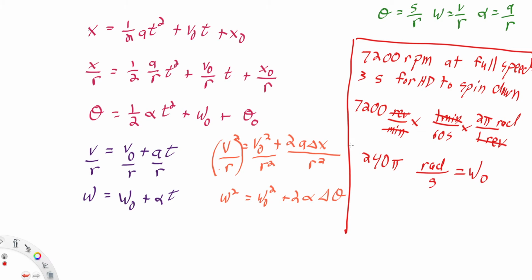If this is our initial speed, then we can use this kinematic here and say, if it takes 3 seconds to spin down from 240 pi radians a second down to 0 radians per second, that means the acceleration is going to be minus 240 pi divided by 3, which is minus 80 pi rad per second squared.